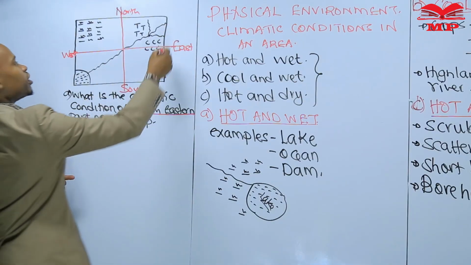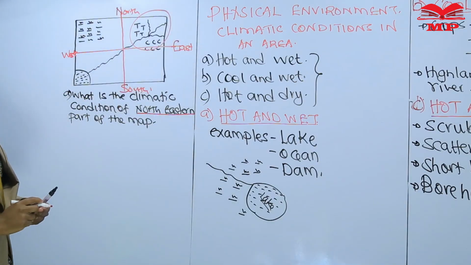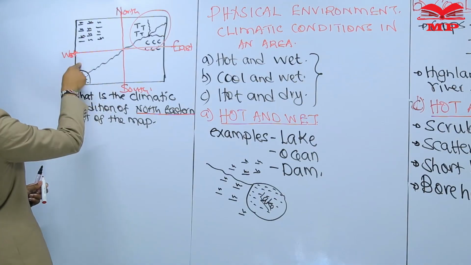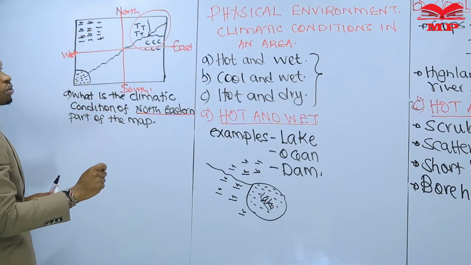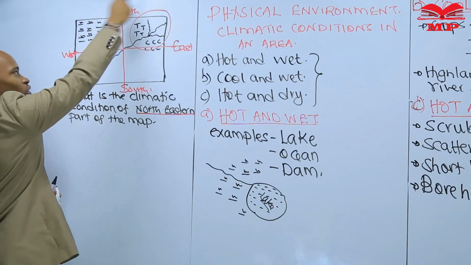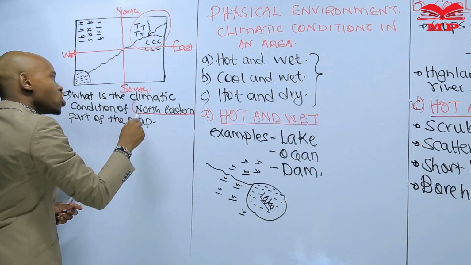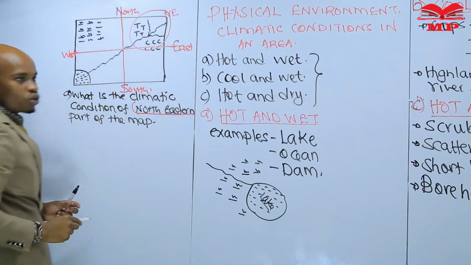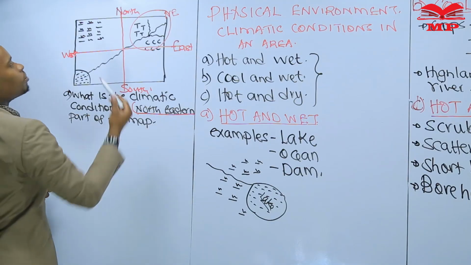Northeastern is this area here. We are not asked about southeastern, southwestern or northwestern part. The question is very specific. It is very, very specific. Northeastern happens to be around there. So what are the conditions of northeastern?